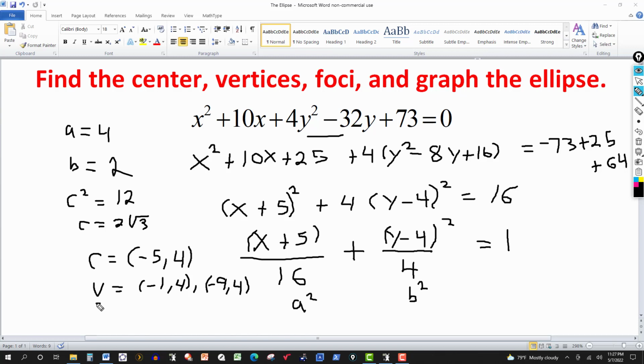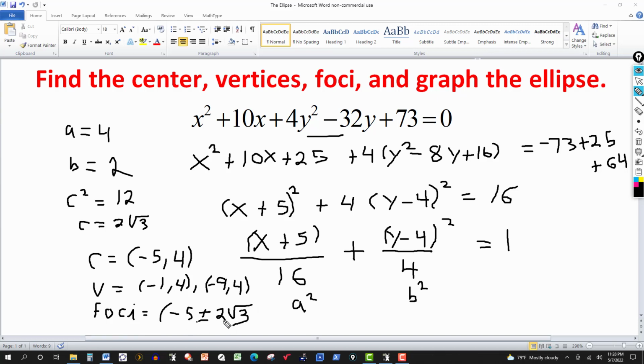Now for the foci, we add the value of C to the first component of center. It's the -5, and then we subtract it. That'll give us the 2 foci. So here I'm just going to say it's going to be -5, and this will be plus and a minus 2 square root of 3.